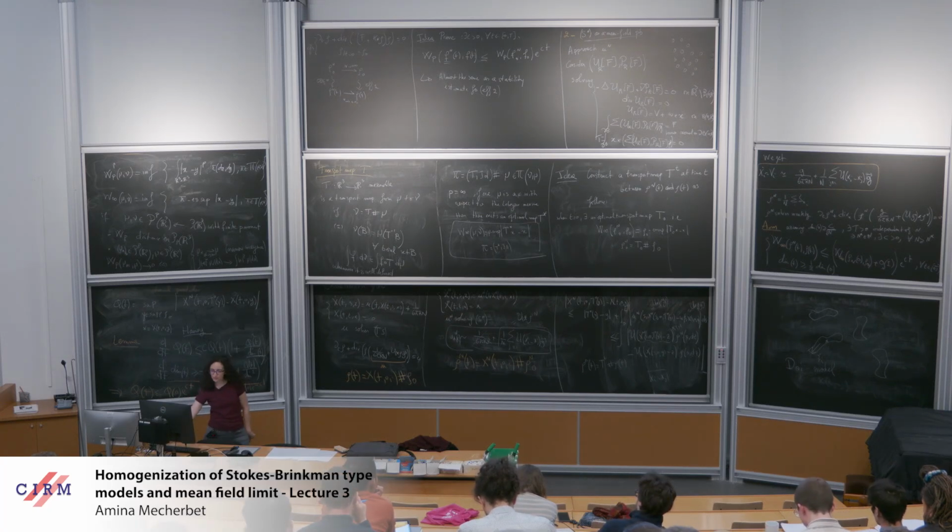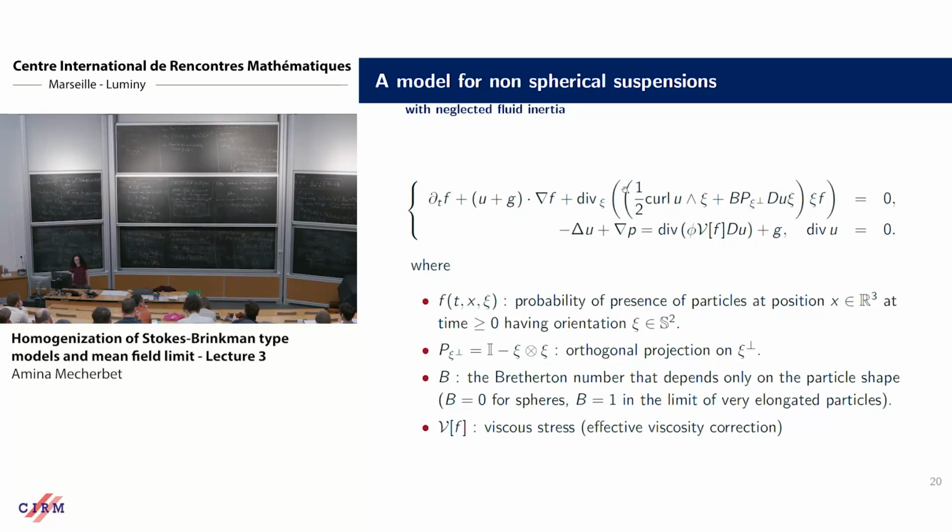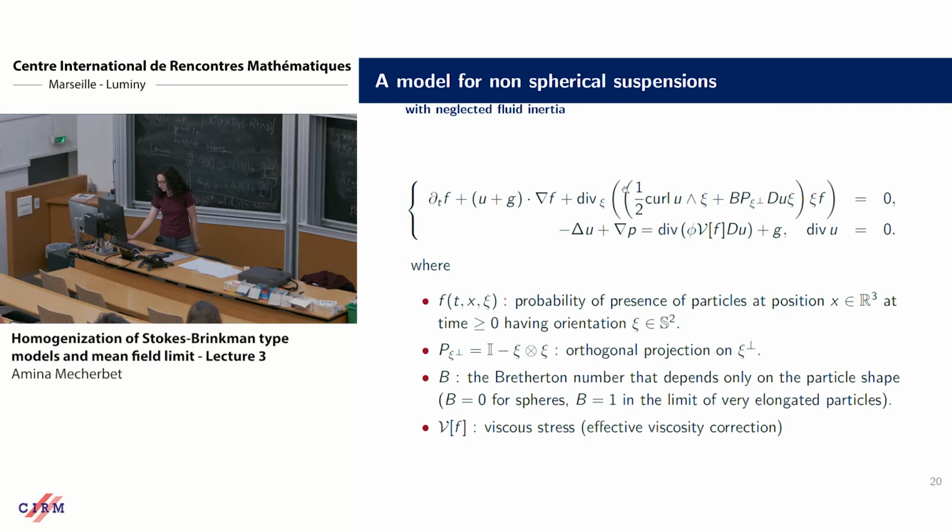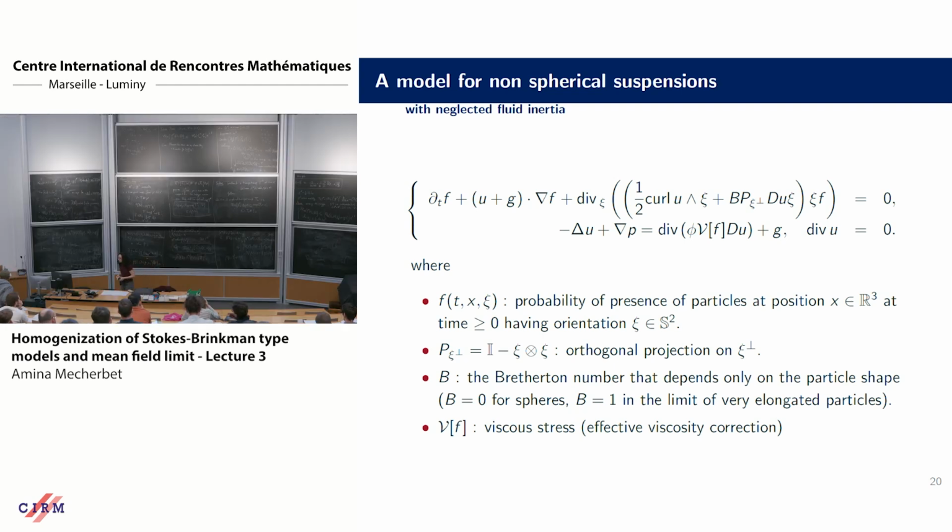The density function at the limit will depend on both position and orientation of the particles. And the equation becomes even more complicated because you need to describe the motion of the orientations, and it is something which will depend on the gradients of the velocities. So it's even more complicated, and there are some results.